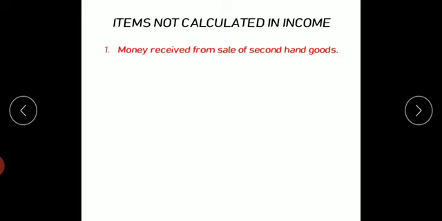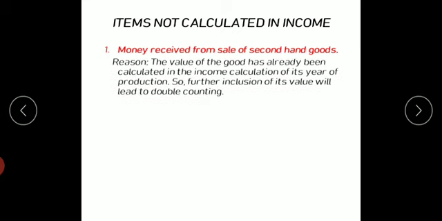So when a person is selling his old vehicle, old bike or old mobile phone, we call them second hand items. The question is, whatever money is received from sale of second hand goods, should that be included in the calculation of income or not?